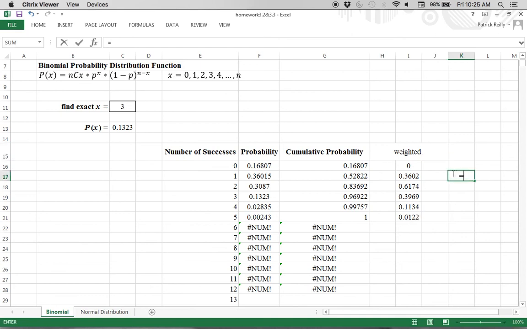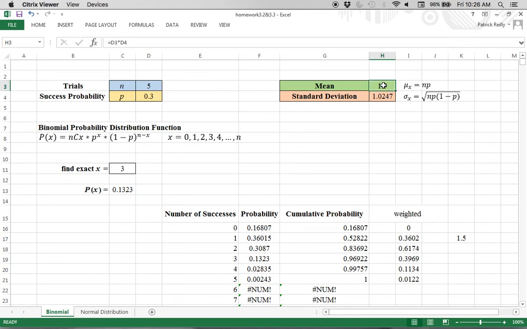Well, I could say equals, and drag here, equals the sum of these numbers. Okay, the sum just adds them up, so it equals 1.5. And if we use the other formula, n times p, we get 1.5. Okay, so the mean is 1.5.